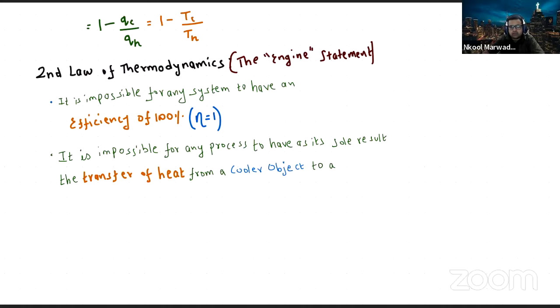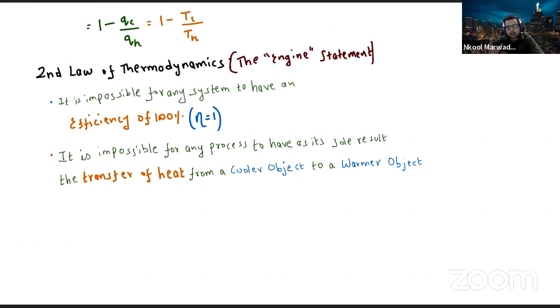And this is what we see in the world around us. Heat always flows from hot object to cold object, body at a high temperature to body at a low temperature. Heat never flows from cool object to warm object. And the second law of thermodynamics says that it is impossible for any process to happen spontaneously, naturally.